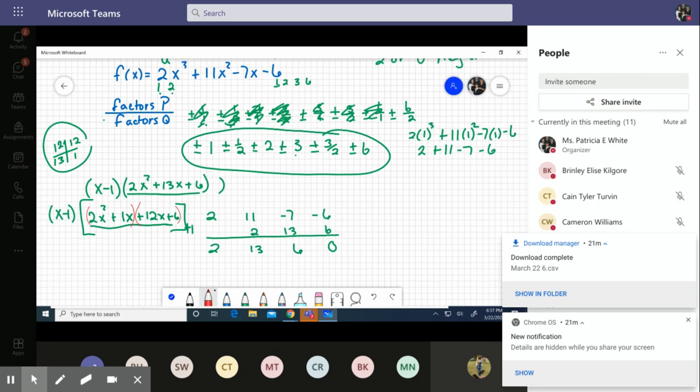Okay, so I have this x minus 1. What could I factor out of 2x squared plus 1x? So that would leave me with 2x plus 1. And what could I factor out of 12x plus 6?